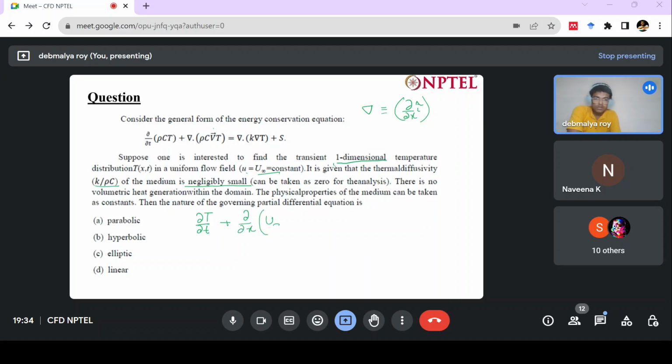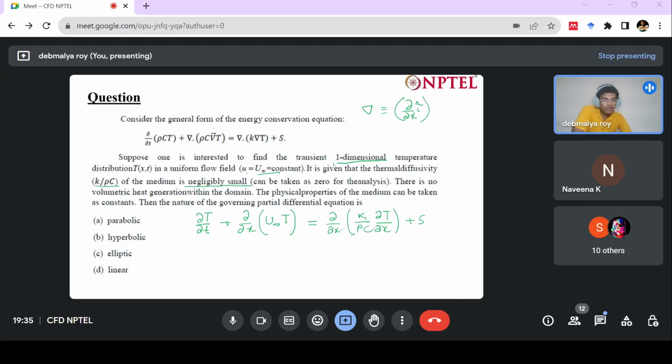So this is u infinity t, right? So this is basically constant. We have this k by rho c and del del, plus s.